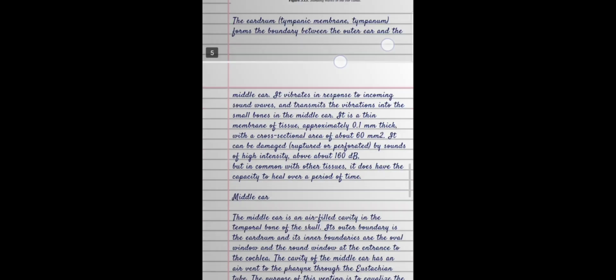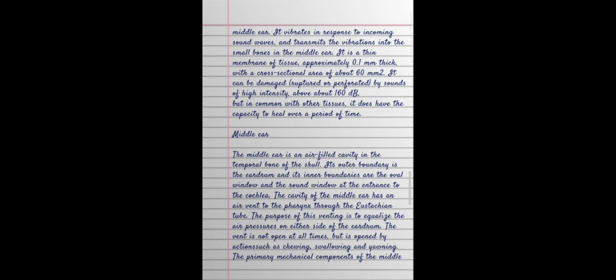Now, the eardrum, the tympanic membrane or tympanum, forms the boundary between the outer ear and the middle ear. It vibrates in response to the incoming wave and transmits the vibration into the small bones in the middle ear. It is a thin membrane of tissue approximately 0.1 mm thick with a cross-sectional area of about 60 mm squared.